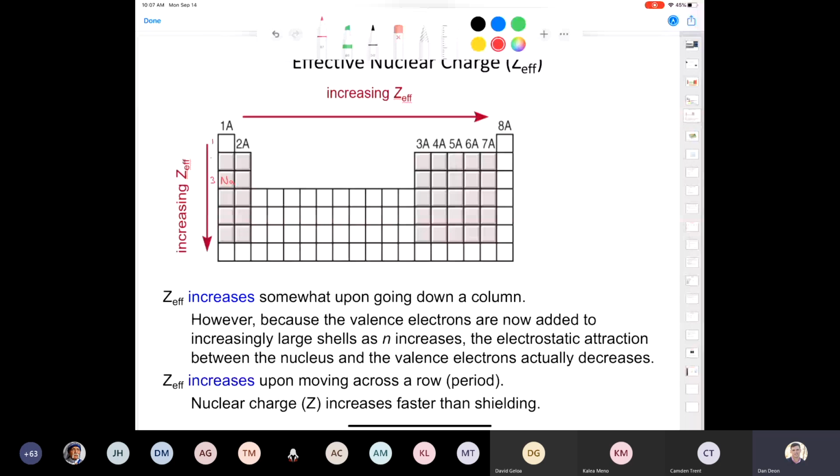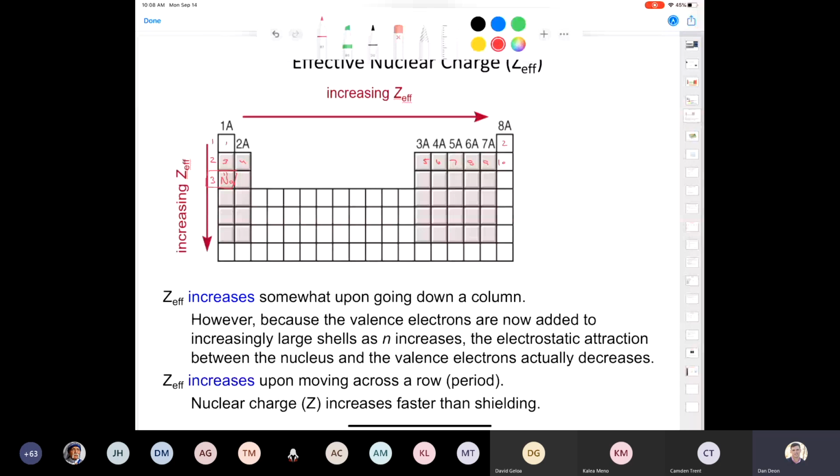Now, how many total electrons does sodium have? Sodium has 11 electrons total. It's element number 11, which means it has 11 protons and 11 electrons. We count electrons like this: 1, 2, 3, 4, 5, 6, 7, 8, 9, 10, 11. Anything that comes before the period that the element is found in, those are core electrons.